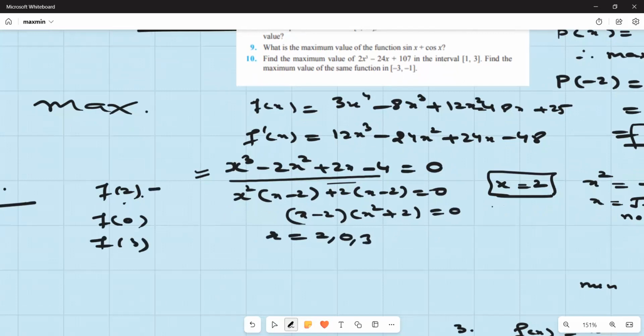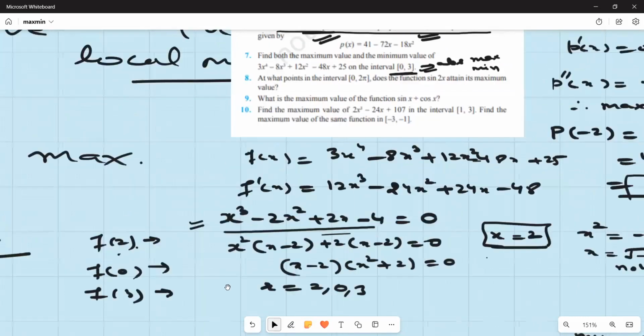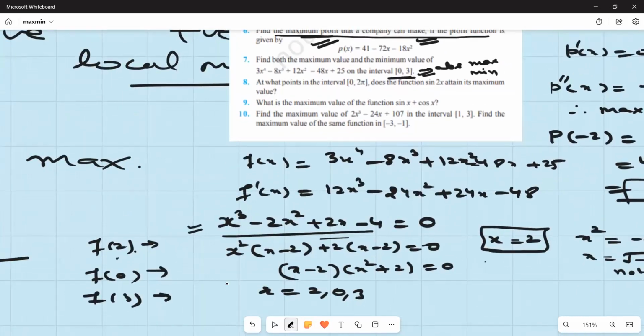One value will be the absolute maximum and one will be the minimum. This is a closed interval 0 to 3, so we can't use the second derivative test here. We just find the x value and, using it and the interval end points, find the maxima or minima. It is not written whether it is absolute or local; if the interval is open, it is local, and if the interval is closed, it is absolute. Clear, बच्चे? Next.